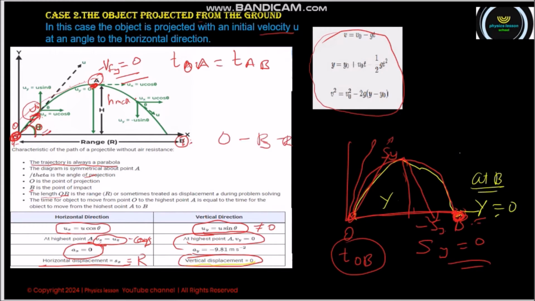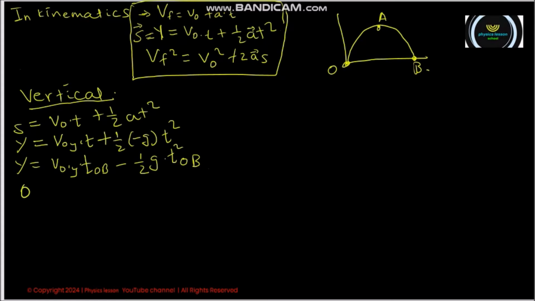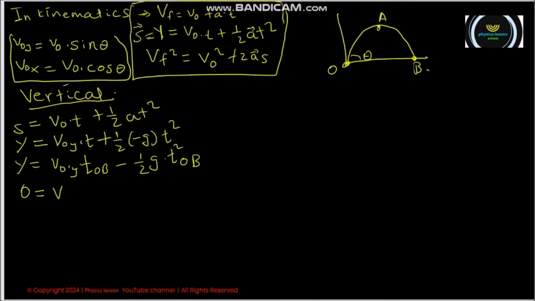Y at this point is what? We said 0. Then 0 is equal to v naught y, and since there is angle theta, note that here v naught y is equal to v naught times sine theta, and v naught across the x means v naught times cos theta. Note this down, very important, because we have angle theta.